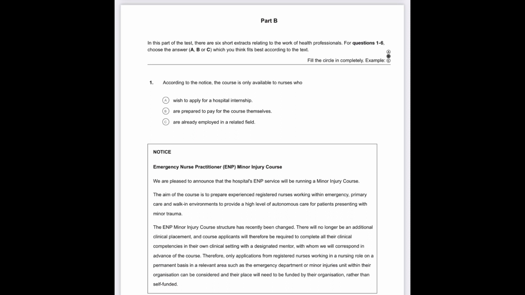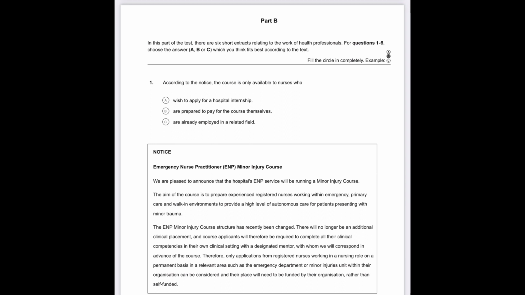The ENP minor injury course structure has recently been changed. There will no longer be an additional clinical placement, and course applicants will therefore be required to complete all their clinical competencies in their own clinical setting with a designated mentor, with whom we will correspond in advance of the course.